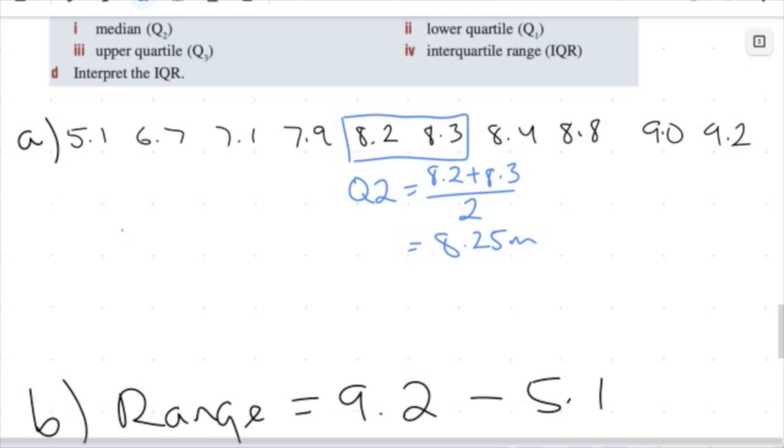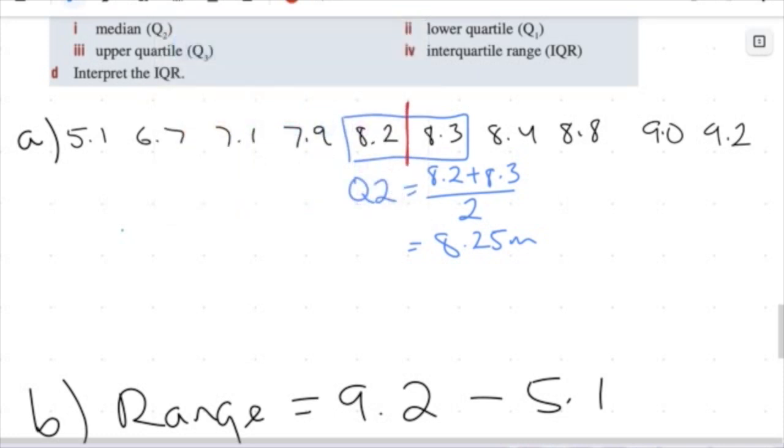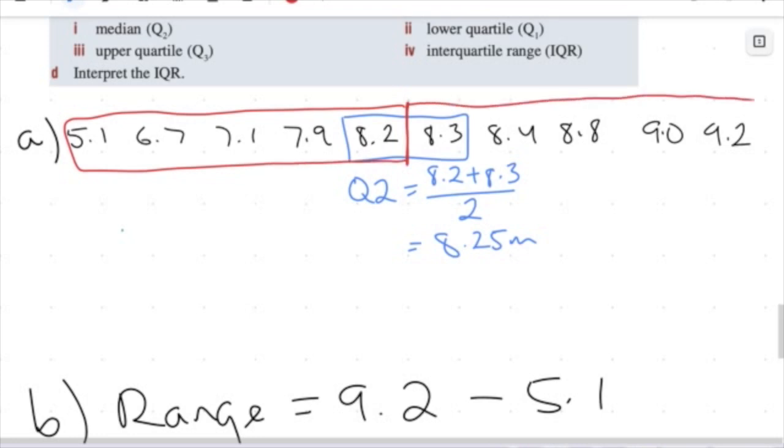So if we look at how our data is arranged, the middle of my data falls right in between these numbers. So it's going to split these data terms into the lower half and these guys here into the upper half.